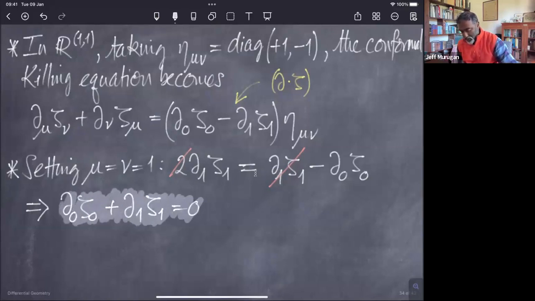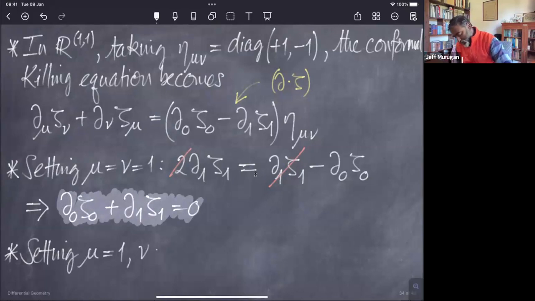And the second equation I will get from setting mu equal to 1, say, and nu equal to 0. And here, because the metric is diagonal, there's no right-hand side.